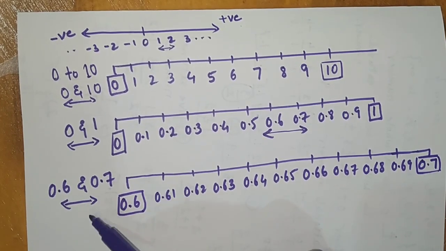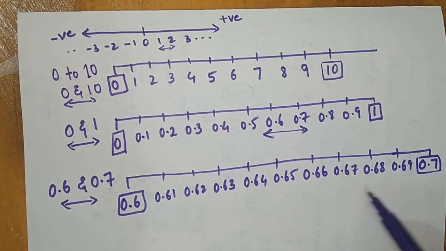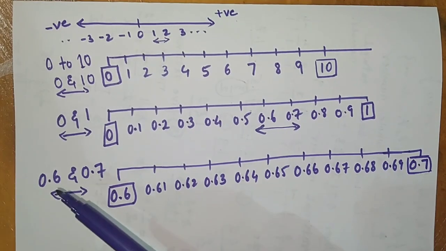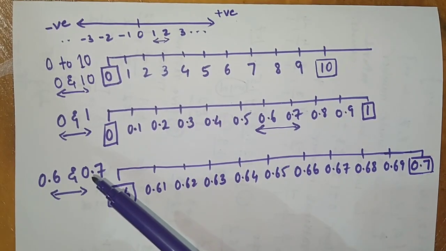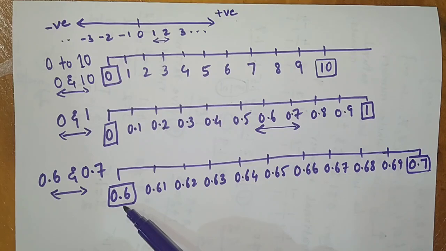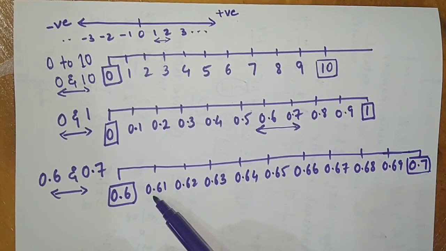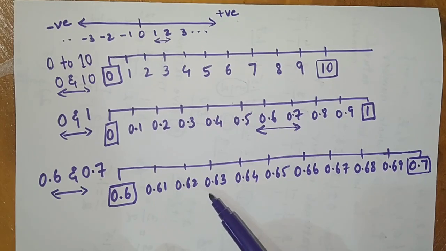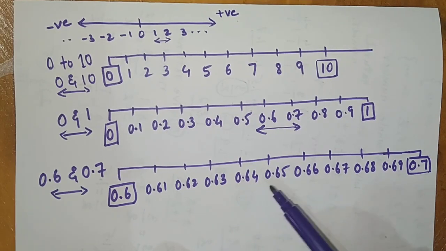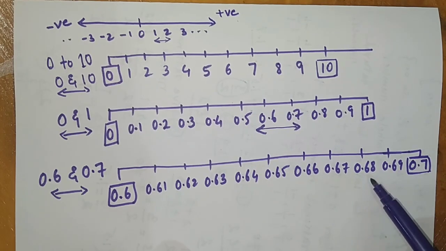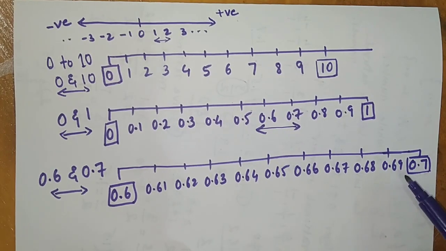In that gap you need to find numbers, or you need to represent numbers: 0.61, 0.62, 0.63, 0.64, 0.65, 0.66, 0.67, 0.68, 0.69.